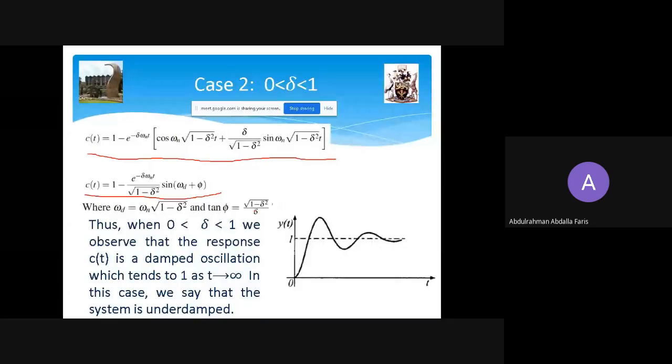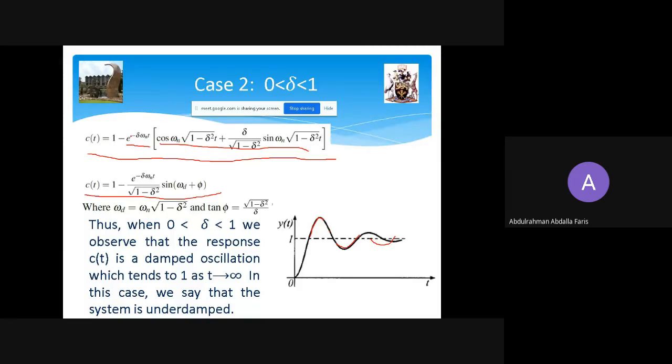So let's analyze this as t goes to infinity. You see, as this t increases, it means these oscillations will be decreasing, because this part is the one responsible for the up and down, the sine and cosine. But these oscillations are decreasing because of this factor.